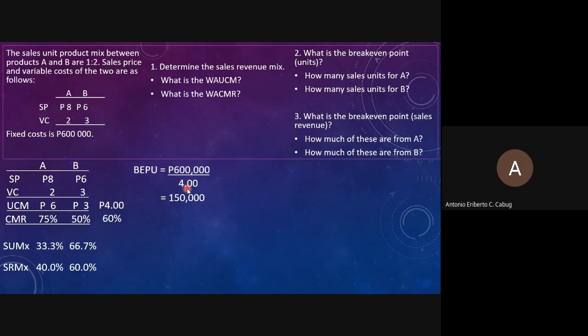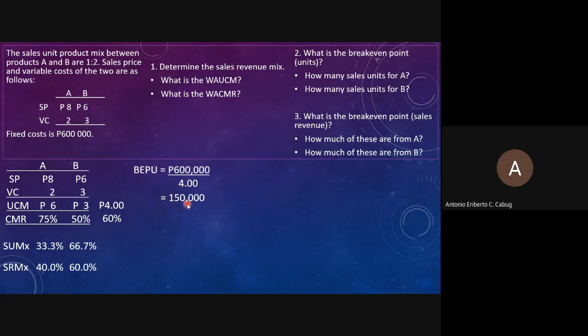Para mabawi mo yung gastos mo. Hindi ka pa kikita, pero hindi ka malulugi. Yun yung meaning ng break-even point. In order to recover all costs, zero profit, zero loss, you should be able to sell 150,000 units.